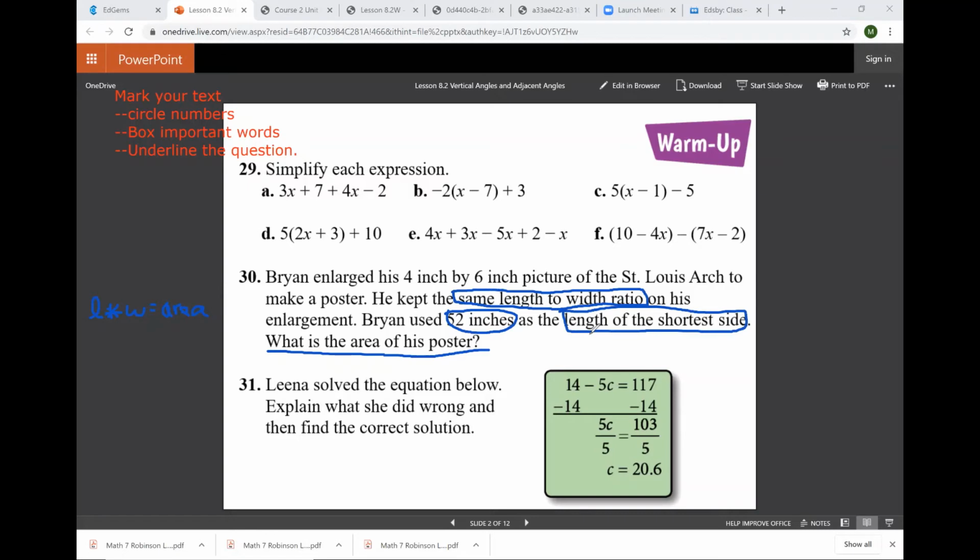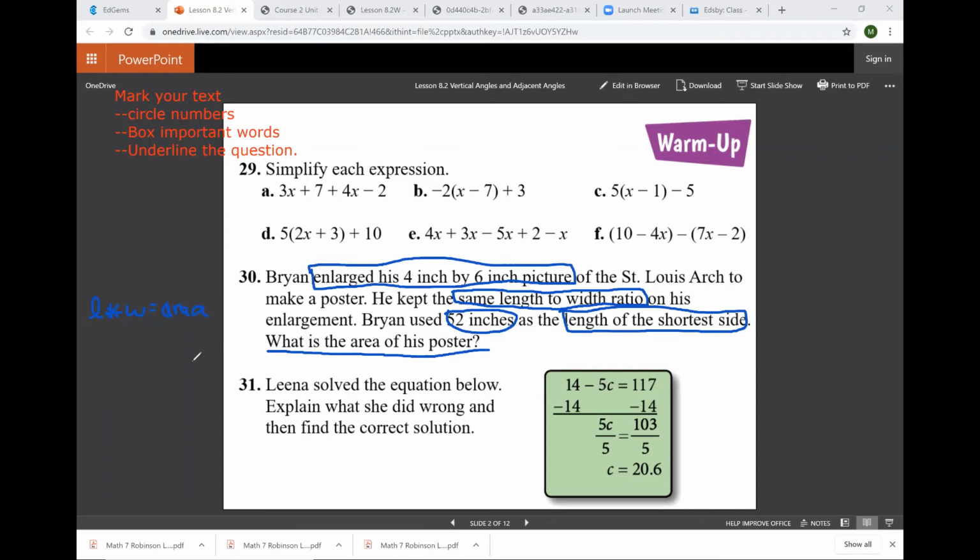That meant that we could write it in fraction form, we could write it with a colon, we can write it with the word to. And we also learned about this enlargement. So Brian enlarged his 4x6 picture. Okay, so he enlarged this picture.